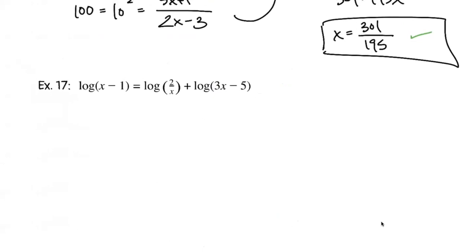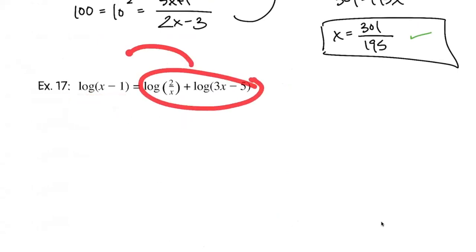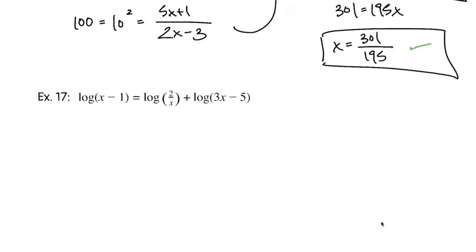And it doesn't matter whether we move the singleton to the other side, or if we take these two and move them to the left-hand side. Genuinely, I don't think it matters one way or the other.